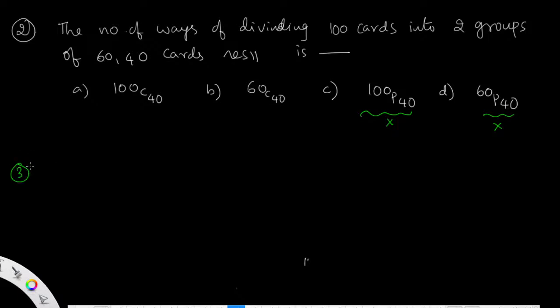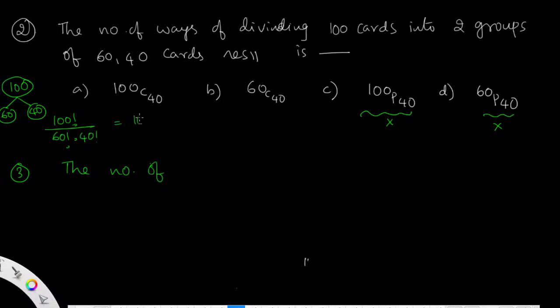We are selecting from the total of 100 cards, 60 and 40. So the number of ways by the first formula is the first option: 100 factorial by 60 factorial into 40 factorial.